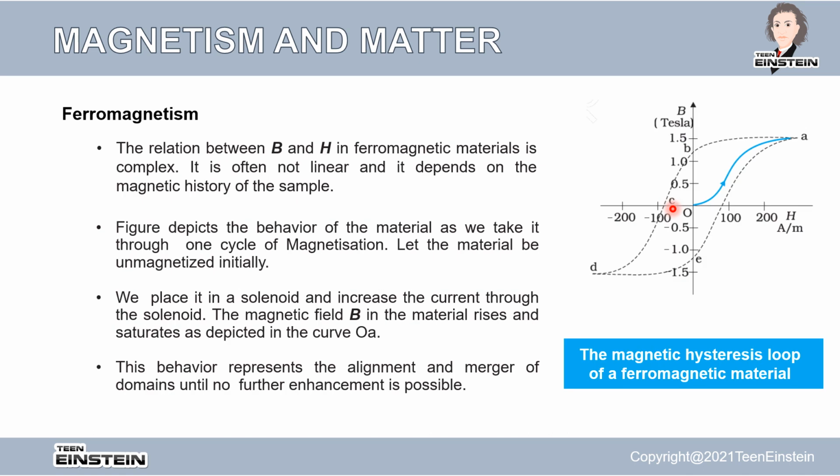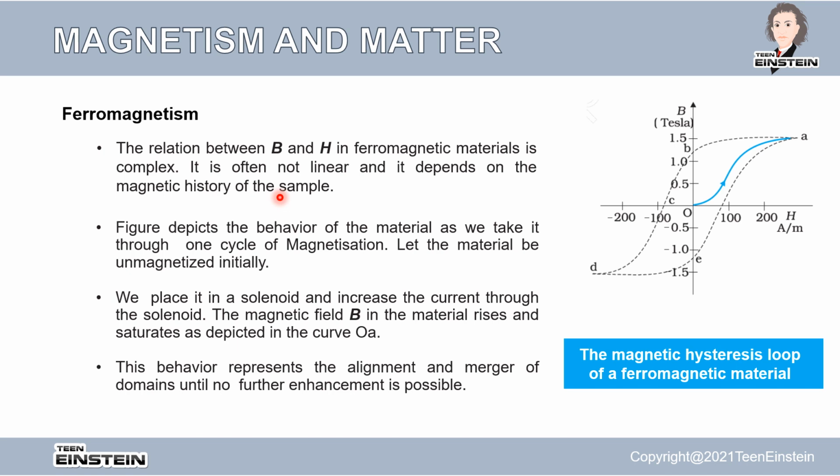Let's see an important property of a ferromagnet and how it behaves with applied magnetic field. The relation between B and H in ferromagnetic material is complex. It is not so simple like a paramagnet, where we saw M equal to chi into H, that's all. Here it's a little bit different. It is often not linear and it depends on the magnetic history of the sample.